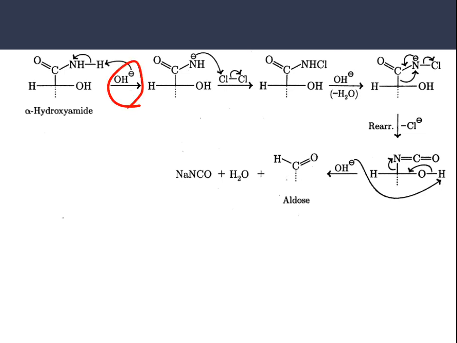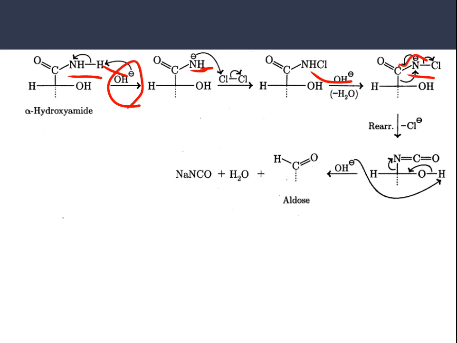At first this base will take up this proton, and this NH will become minus, then this NH minus will take one chlorine and become CONHCl, then another OH minus. What it will do? It will take this hydrogen. This OH minus will take this hydrogen from this nitrogen, and this nitrogen will become minus.